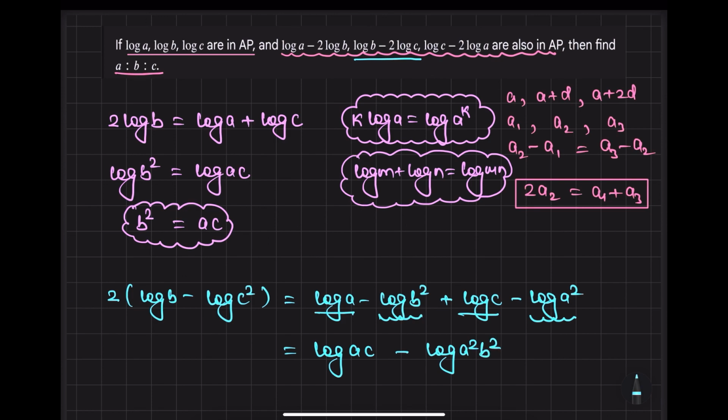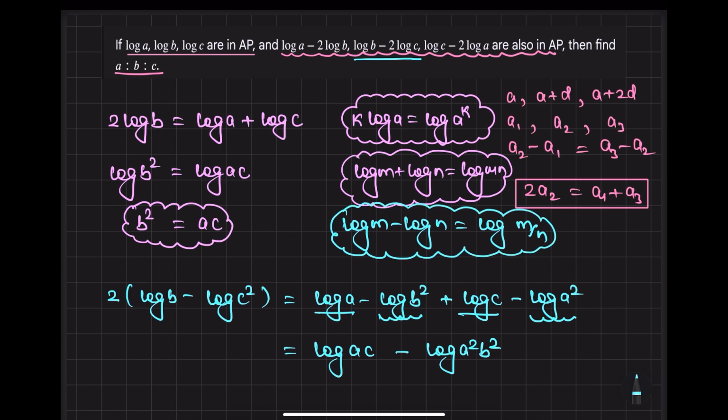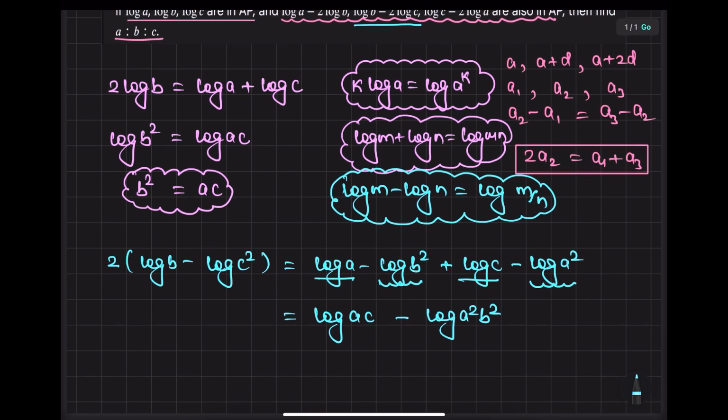Now we have one more formula, log m minus log n, which will be converted into log m by n. So this is the next formula which we will apply. So here we will be having 2 times log B by C square equals log AC by A square B square.